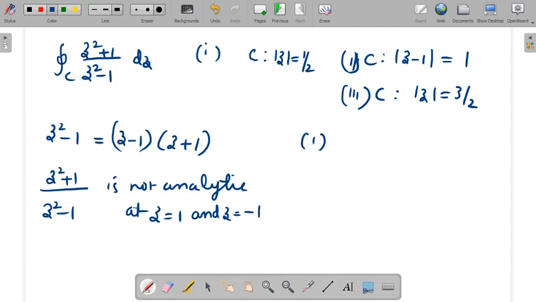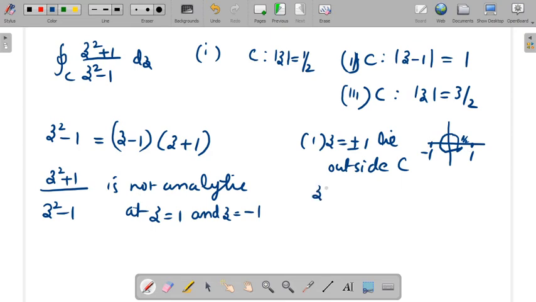Now you look at the first contour. C is given to be the circle mod z equal to 1 by 2. Right? So mod z equal to 1 by 2 എടുത്തു കഴിഞ്ഞാൽ ഈ ലെങ്ത് 1 by 2 ആണ്. നമ്മൾ കൺസിഡർ ചെയ്യുന്ന രണ്ട് പോയിന്റ് 1 ഉം minus 1 ഉം ആണ്. So we can say for the first contour C, z equal to plus or minus 1 lie outside C. അപ്പോൾ അനലിറ്റിക് അല്ലാത്ത പോയിന്റ്സ് പുറത്ത് കിടക്കാണെന്ന് പറഞ്ഞു കഴിഞ്ഞാൽ അതിന്റെ അർത്ഥം ഇതിന്റെ ഉള്ളിൽ ഈ ഫംഗ്ഷൻ അനലിറ്റിക് ആണ്.